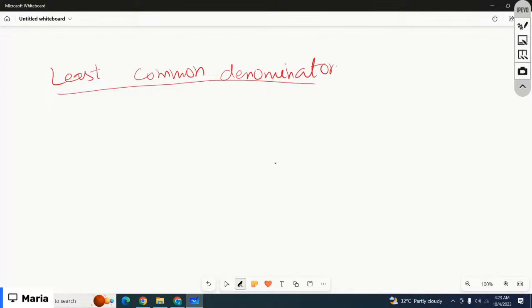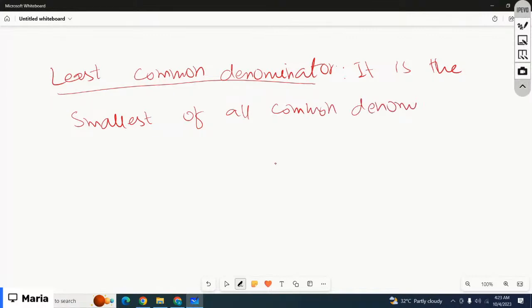It is the smallest of all common denominators, right?